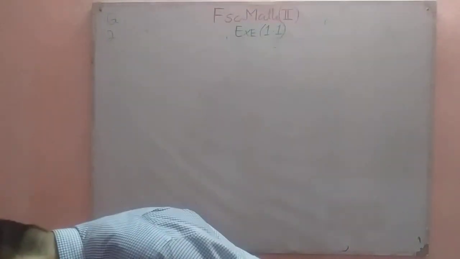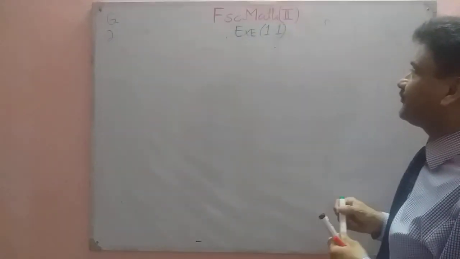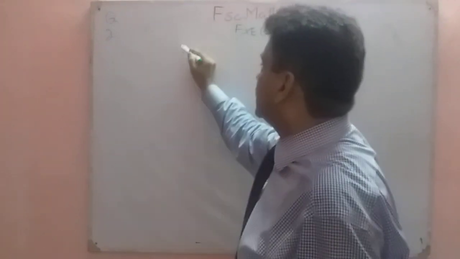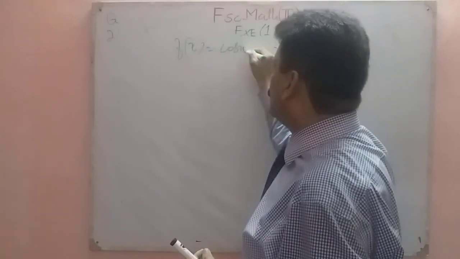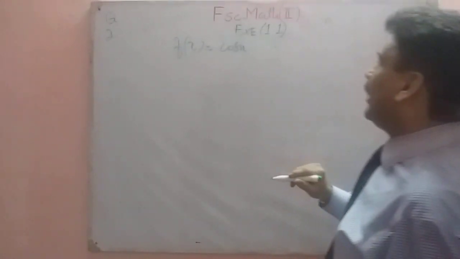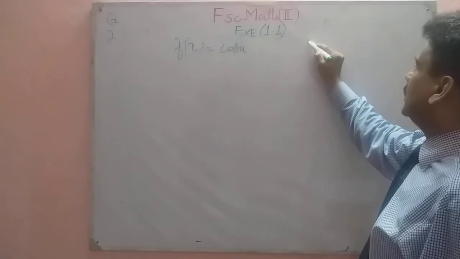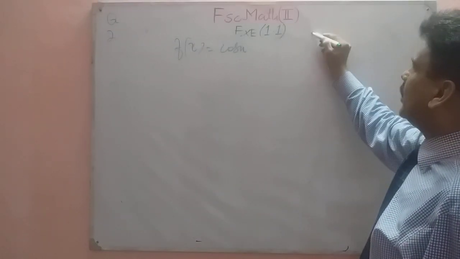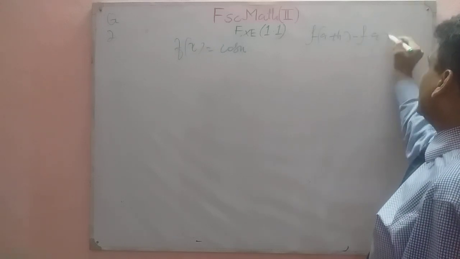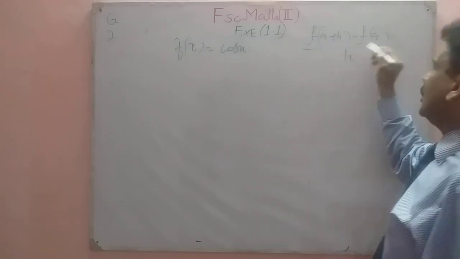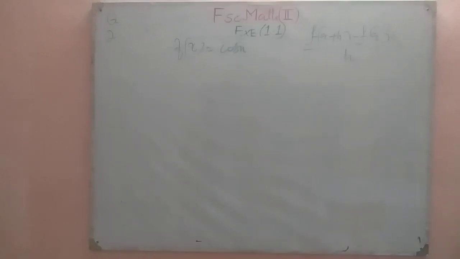Given function is f of x is equal to cos x, and we have to find the value of the expression f of a plus h minus f of a by h.